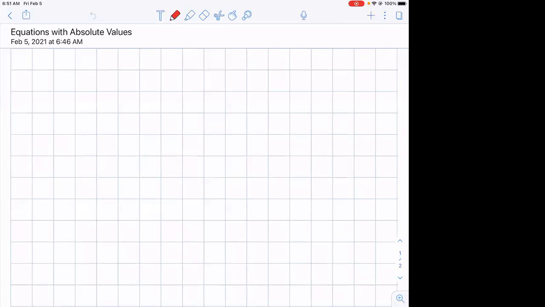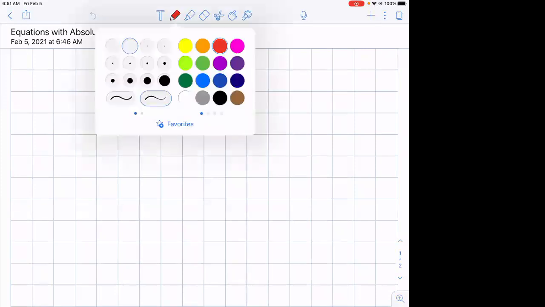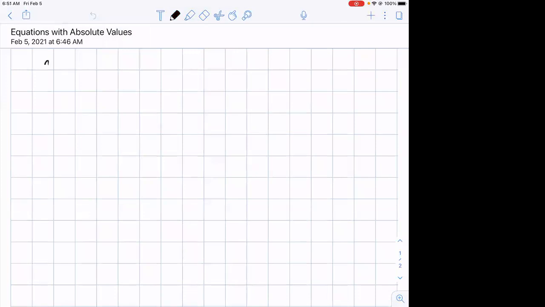So absolute value, first of all, is the way we write it. When we write absolute value, we use two vertical lines.